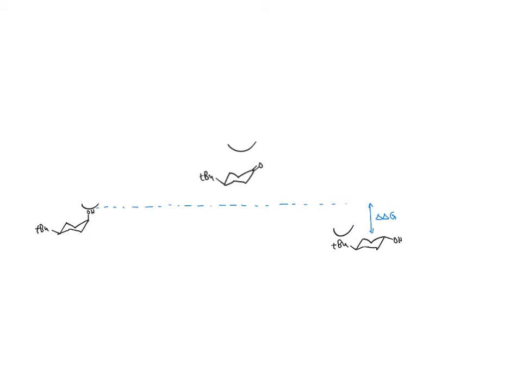Okay, so this says nothing, although, about the energy of the transition states. So the mode of attack A versus the mode of attack B is controlled by the energy in the transition state. So let's draw out the mode of attack for A. The mode of attack for A is going to be, let's say, this one, and so we'll call it transition state 1.